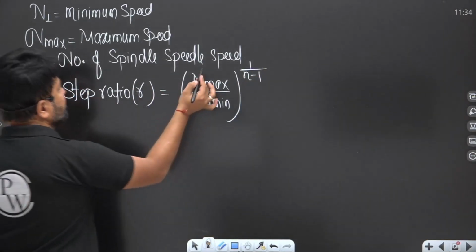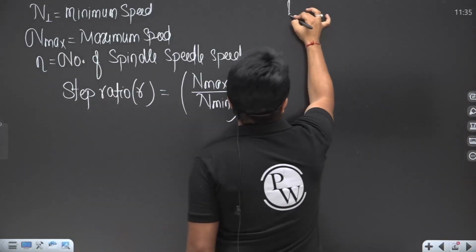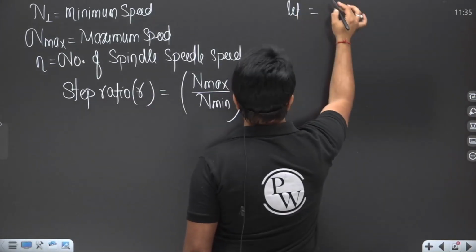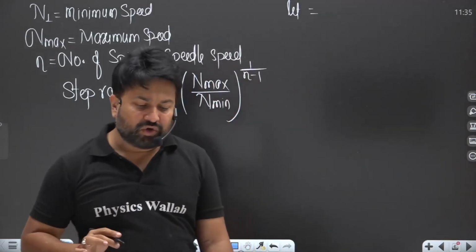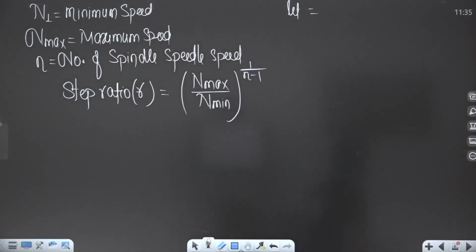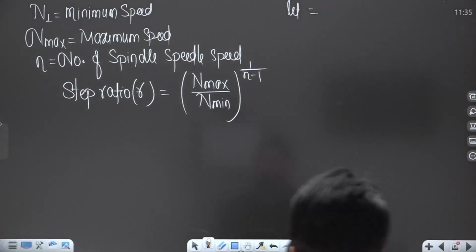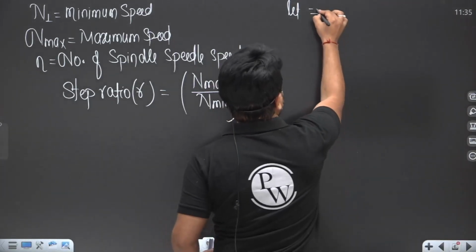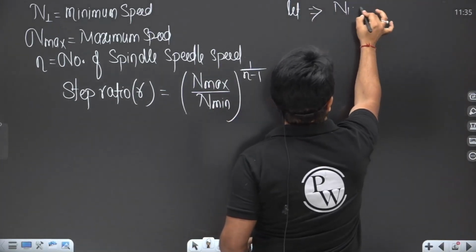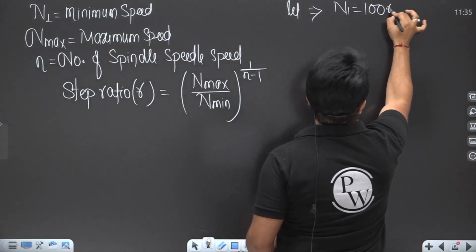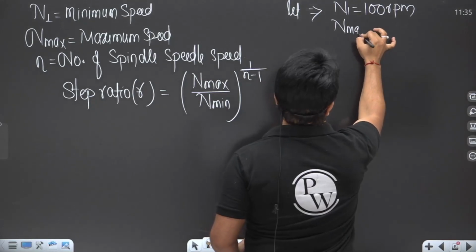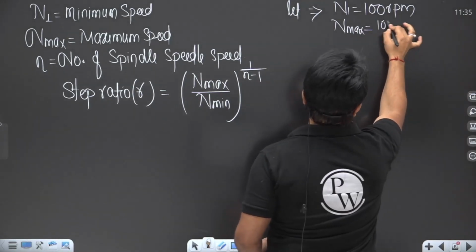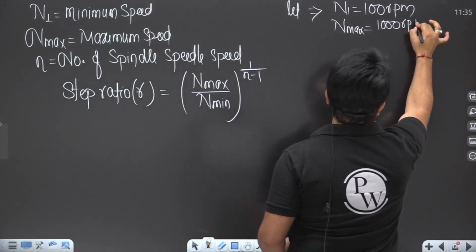Now suppose, let us assume you know the minimum RPM. Let N1 be 100 RPM, and let N max be 1000 RPM.